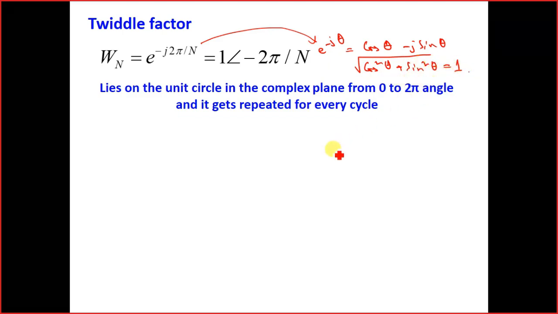Okay, now what is this? This indicates that we are having a unit circle. Unit circle means the circle having a radius of 1.